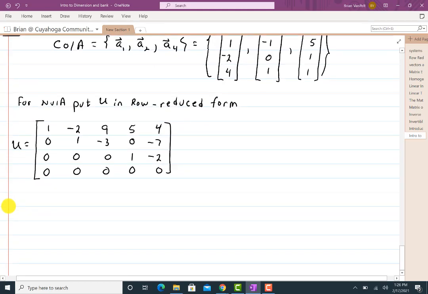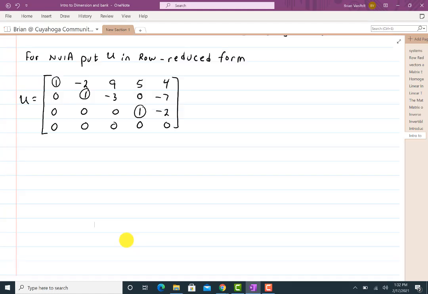All right, and let me complete the row operation. So the first thing I'm going to do, let me put my pivots back in here. For Null A, I need to knock out this -2 and this 5.